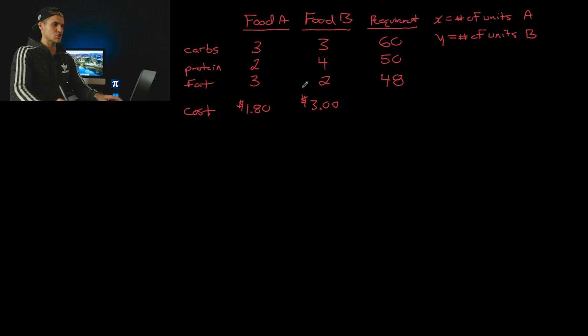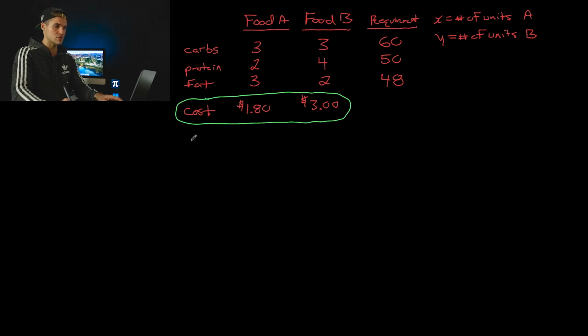So now let's take this chart and try to create our equations, our constraints. So remember, what we're trying to do is we're trying to minimize the cost, right? We're trying to minimize our total cost. So our minimizing function is going to come from this row over here. So we want to minimize our cost.